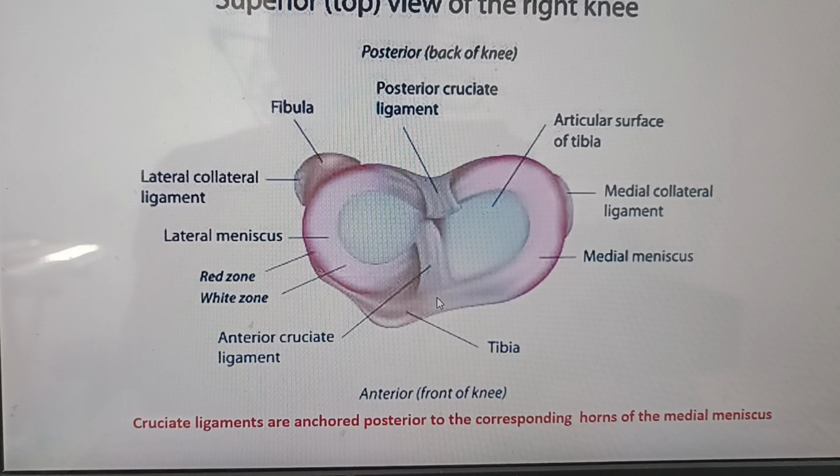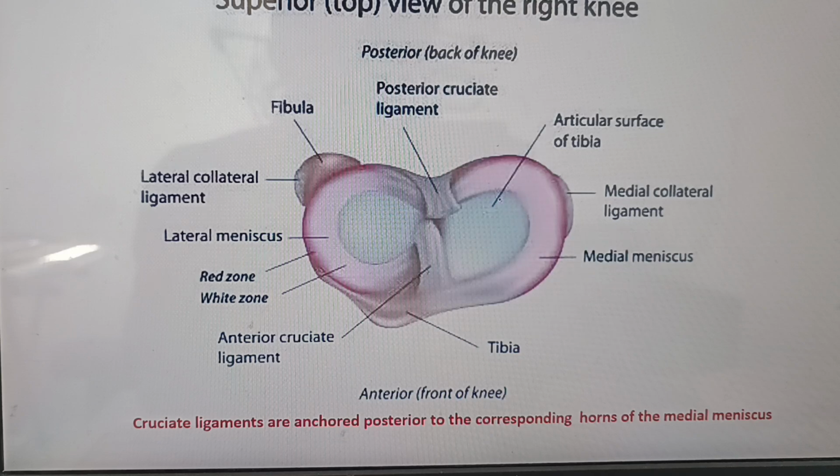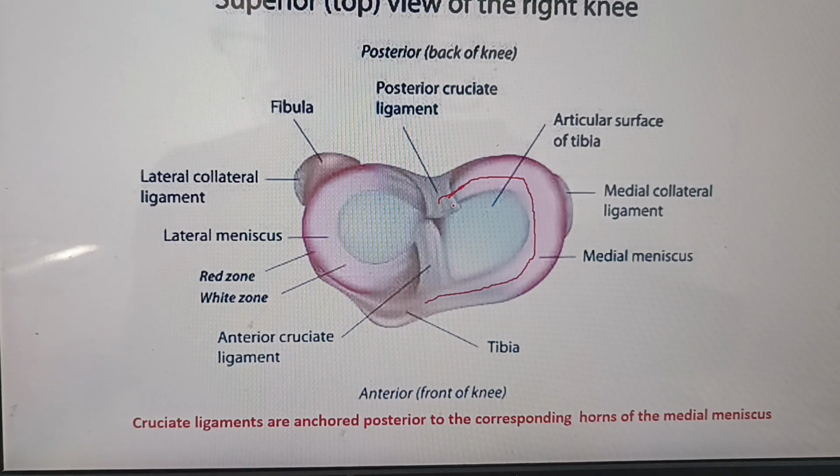First, whenever you see a diagram or want to draw a diagram like this, always try to draw a large medial meniscus which is oval in shape, whose horns come backwards and forwards. Why is the medial meniscus larger? We can logically understand. The medial meniscus is large because the medial condyle of the tibia is large.